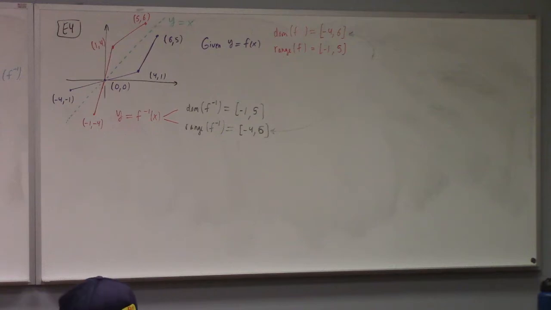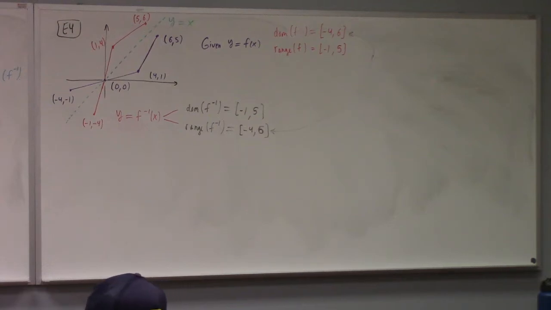Because for n even, the nth root of x to the n power is equal to the absolute value of x. For example, the square root of x squared is equal to the absolute value of x, or the fourth root of x to the fourth is equal to the absolute value of x, etc.